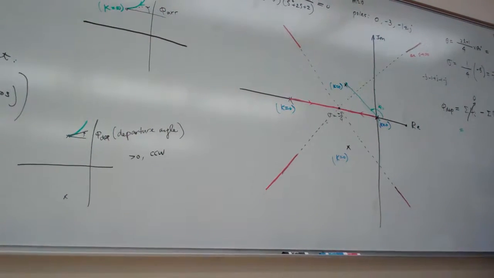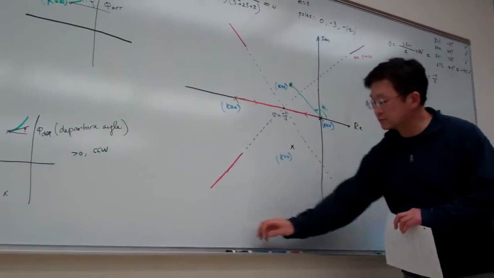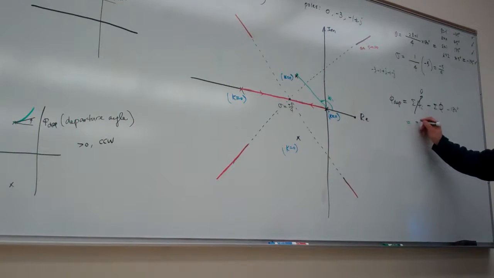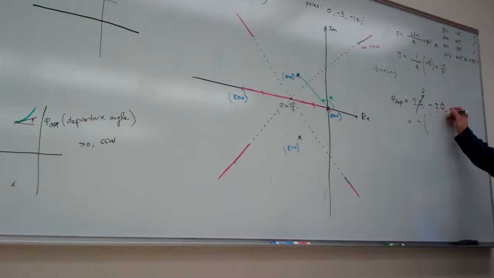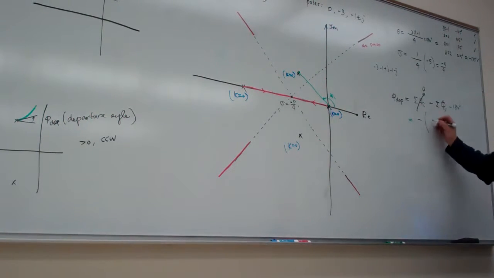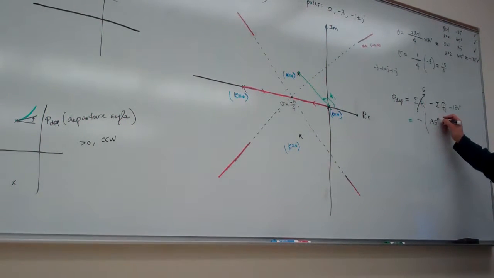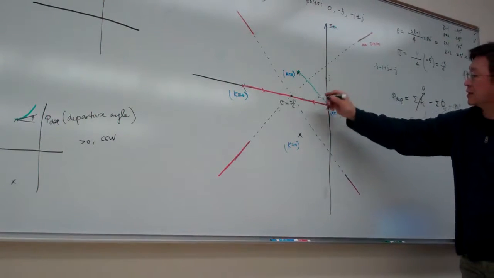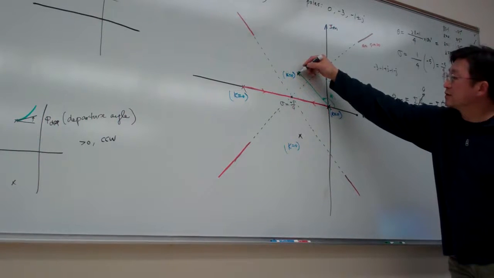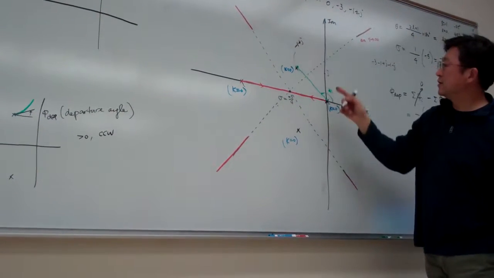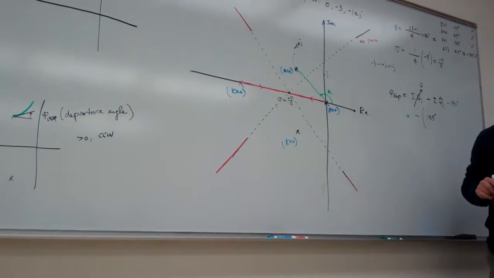Let me keep writing here. Minus, okay, so phi1 equals 135 degrees, because here this is j and this is minus 1 plus j. So here we can quickly determine that it is 135 degrees.